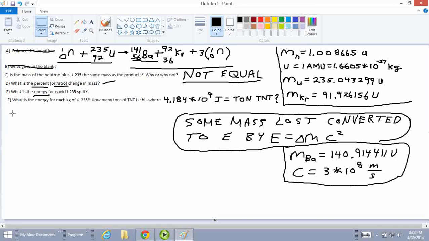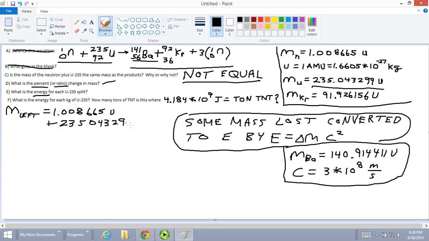Okay, change in mass. The mass on the left side of the equation just equals the mass of the neutron, which is 1.008665 AMUs, plus the mass of the U-235, which is 235.043299 AMUs.